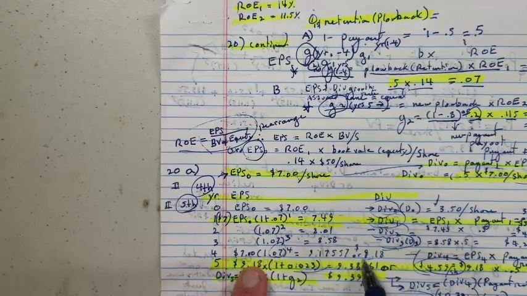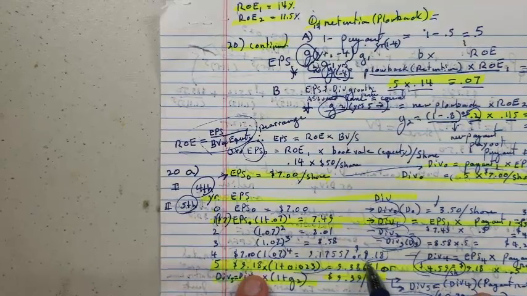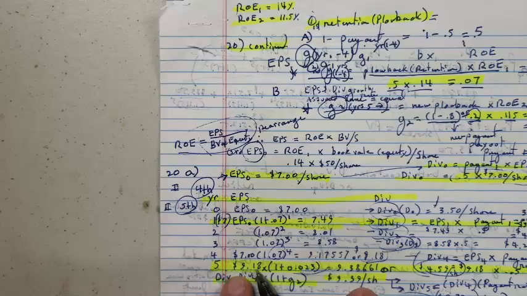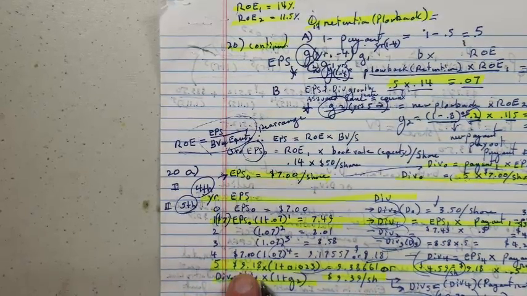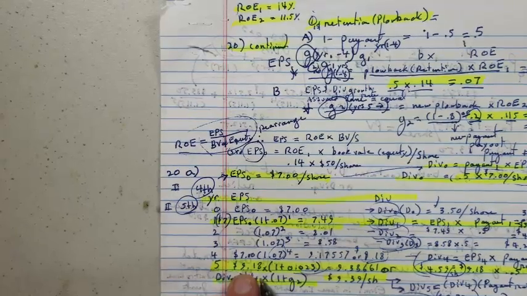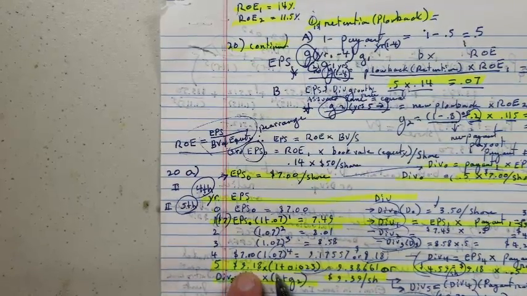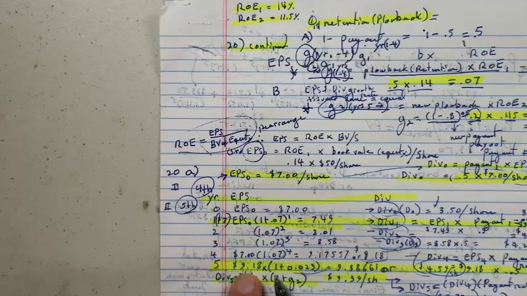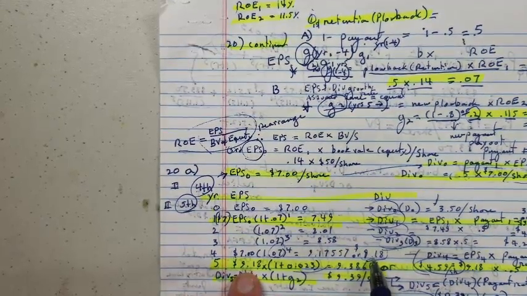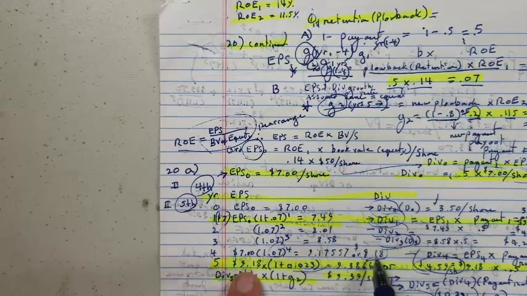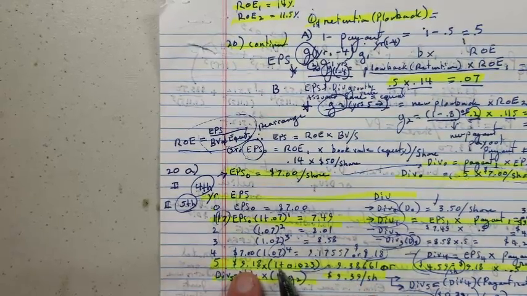That's going to give me about $9.18. That $9.18 is basically the year 4 figure, and then I'm going to take the new growth rate.